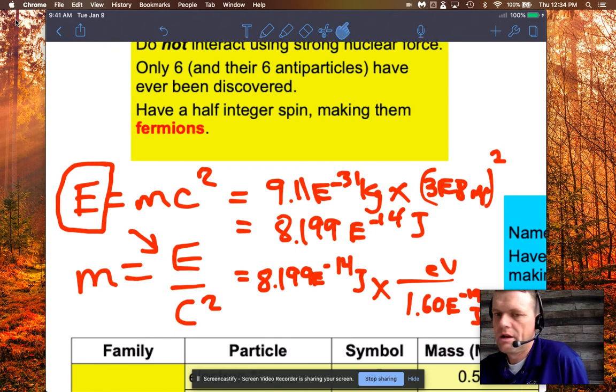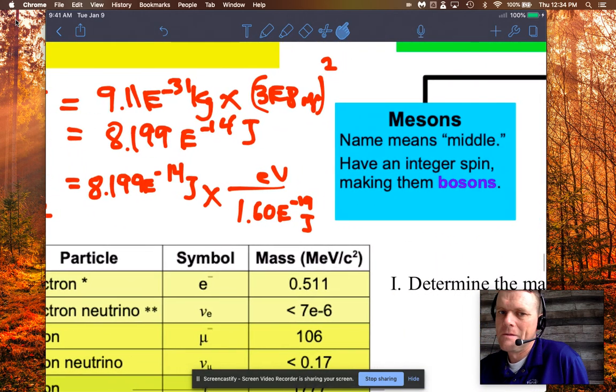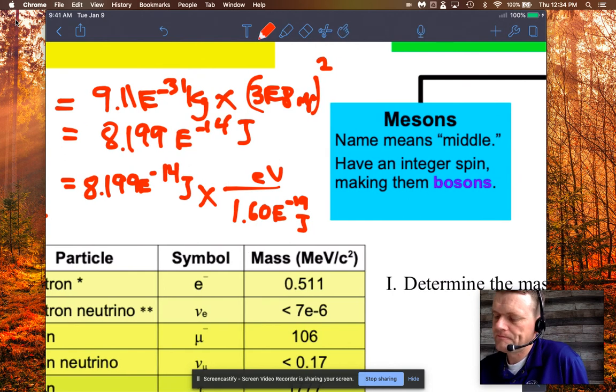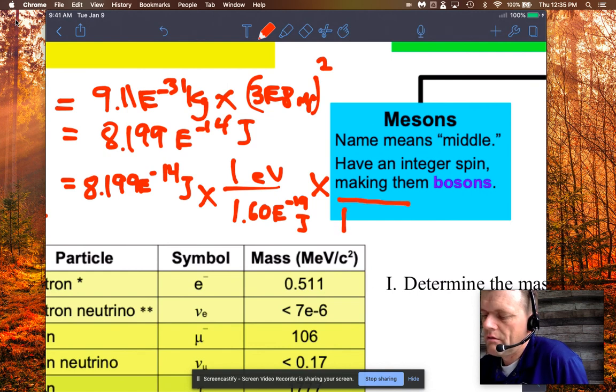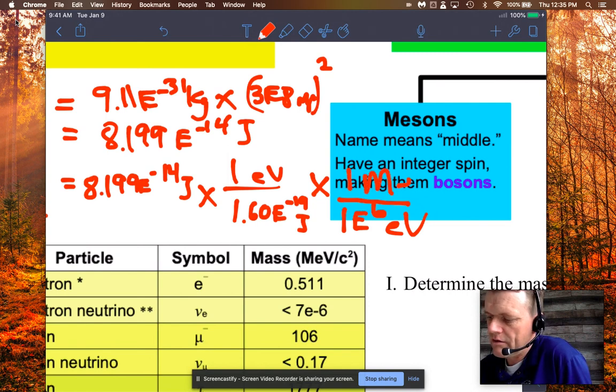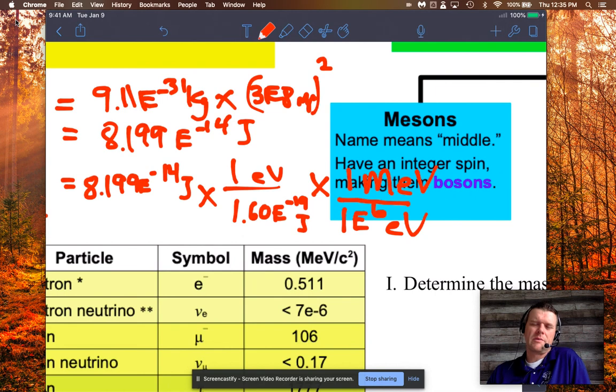But they found that it's even better if you convert that electron volts into mega electron volts. So 1 times 10 to the sixth electron volts, or 1,000,000 electron volts, is the same as a mega electron volt. 1 MeV is the same as 1 times 10 to the sixth.